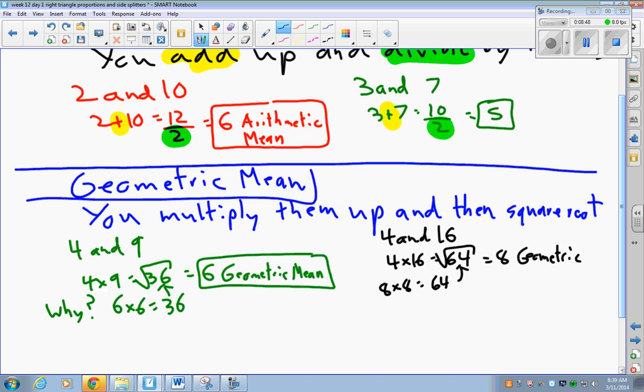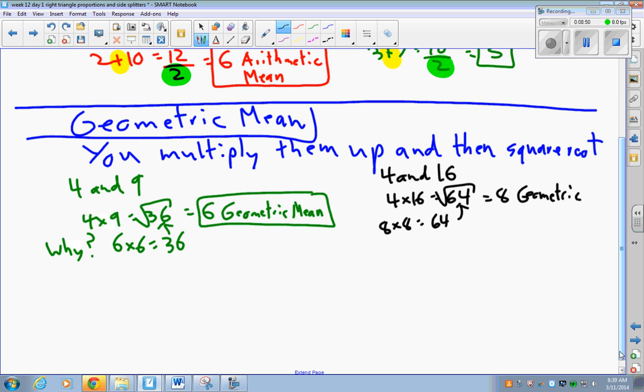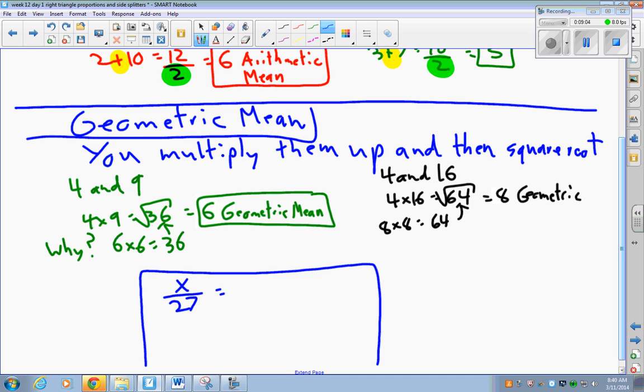Now, this geometric mean has happened all day long so far in our examples with the right triangles. Because what you've noticed in a lot of those right triangles is you might have had something like this. X over 27 equaled 3 over x. You had that once, or something like that.